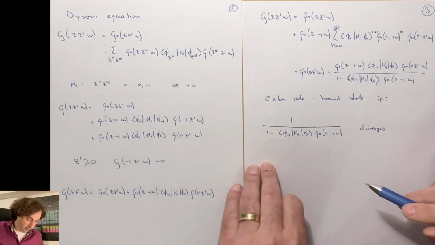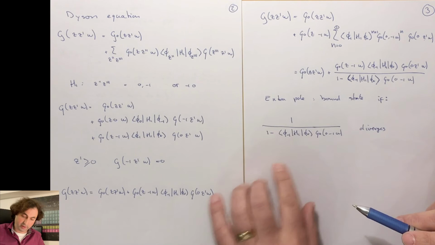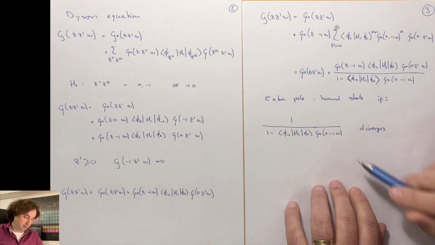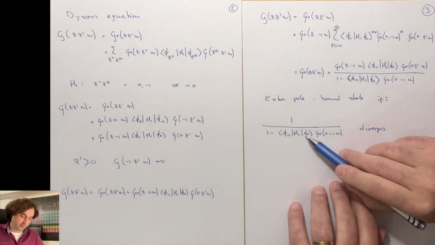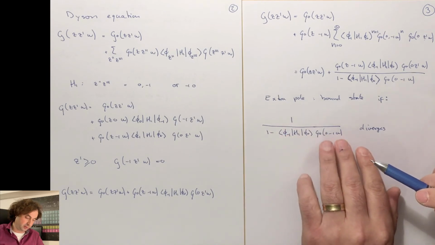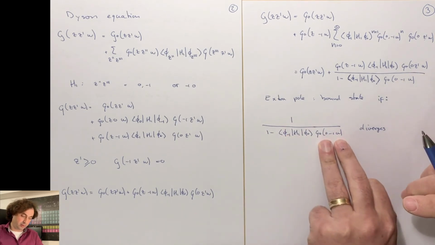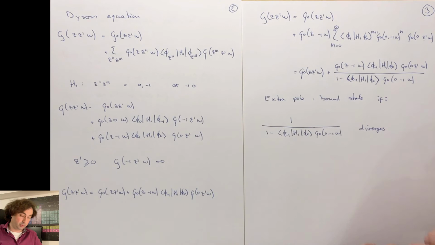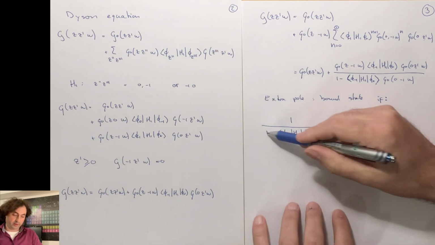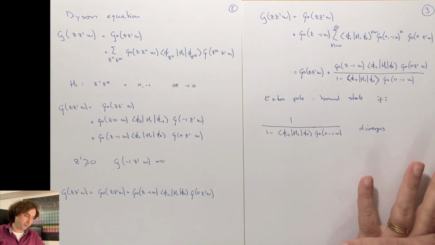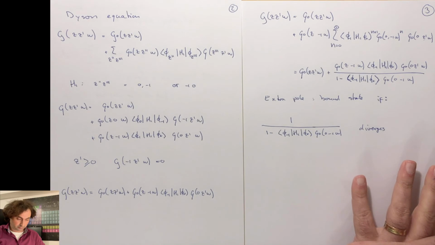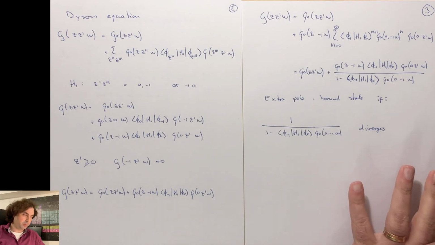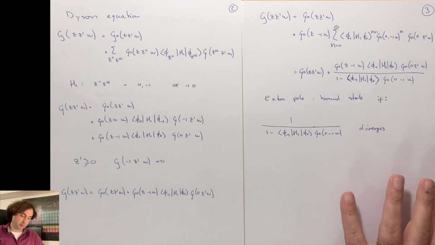Now for the case of a one-dimensional chain with a single s orbital, we know that the hopping is negative, the Green's function is always negative, and there is no solution to this equation. There is no way to make the denominator 0.